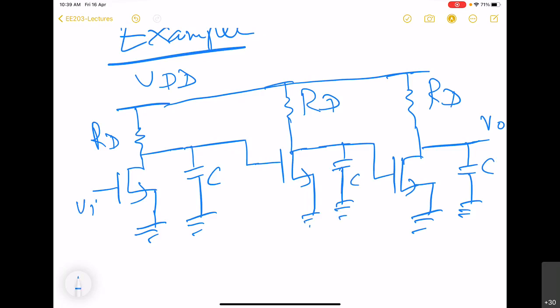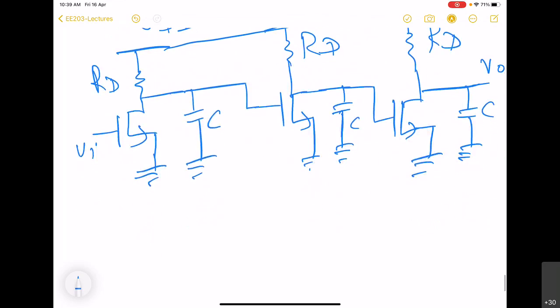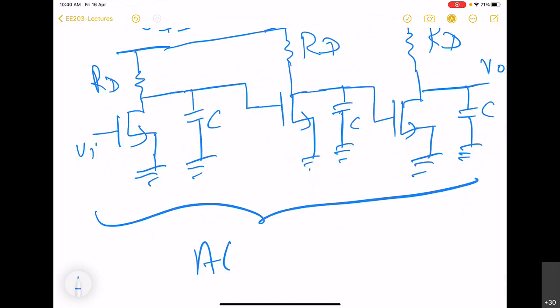So we want to know that if this is put in a negative feedback loop with say beta equal to 1, then at which frequency this is going to oscillate, or rather what should be the condition so that it doesn't oscillate. So here first we will have to find out the transfer function of this amplifier.